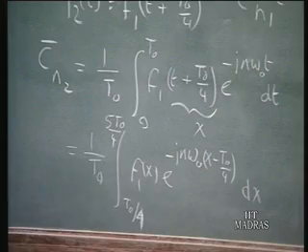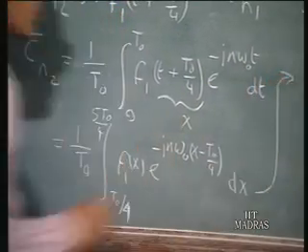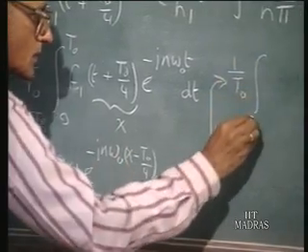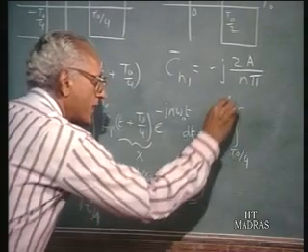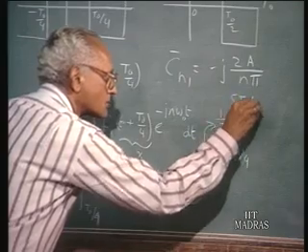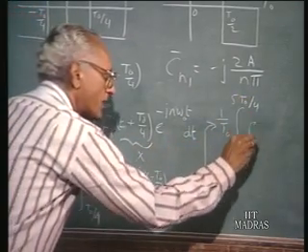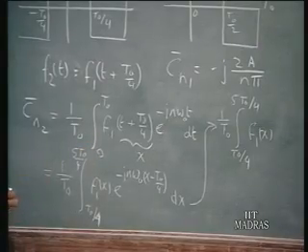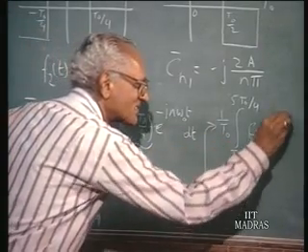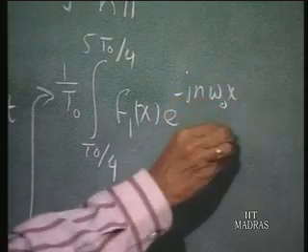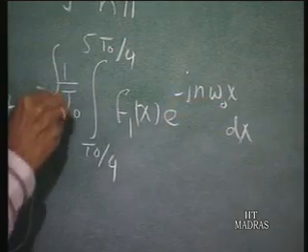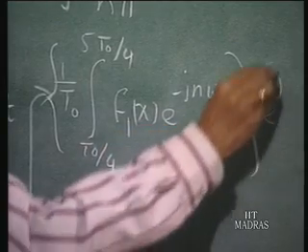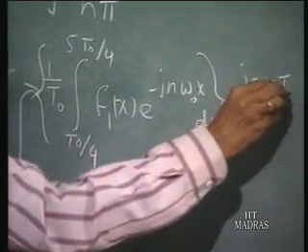Therefore, this will now be equal to 1 over t naught, integral from t naught upon 4 to 5 t naught upon 4, of f1 of x e power minus jn omega naught x dx, and the whole thing multiplied by a constant e power jn omega naught t naught upon 4.